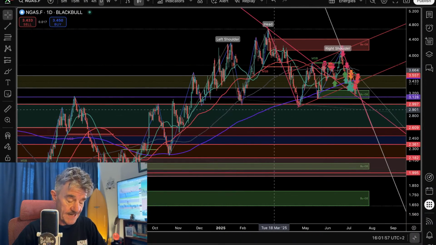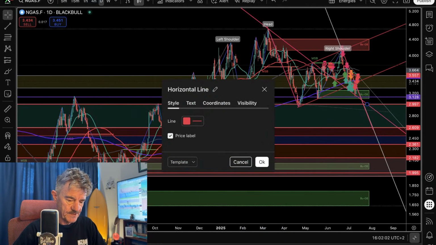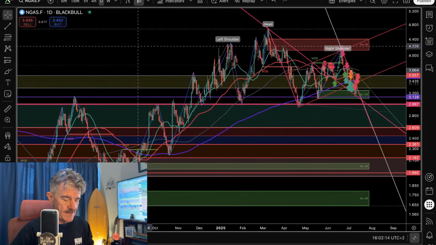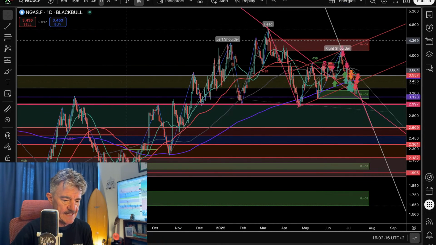And then the very key $3 level, which is right in the middle of your chart, deserves perhaps a little bit more weight. So let's do that. Let's keep it red. So that big red line in the middle of your chart is the key level on natural gas.